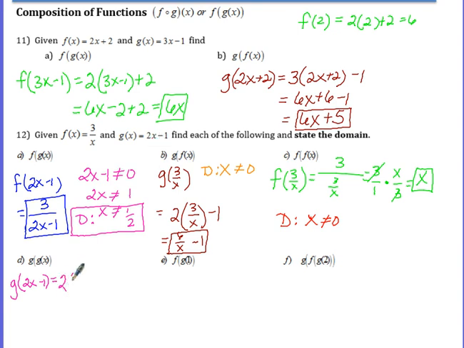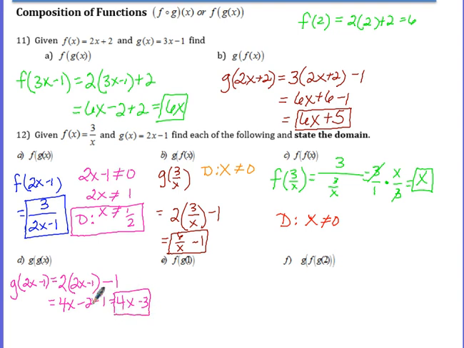So 2 times 2x minus 1, that's our variable input, minus 1 is what this becomes. Simplify this out, 4x minus 2 minus 1, or 4x minus 3. That's our final g of f of x.